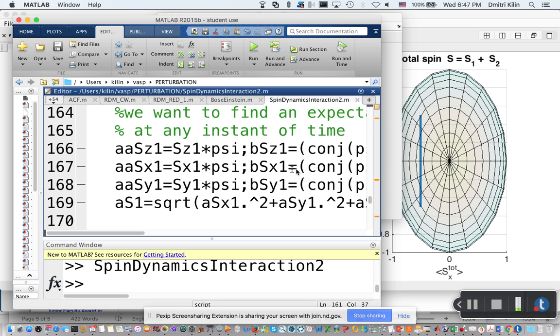But here, these expectation values give the state of spin 1 upon average over the state of spin 2. In some sense, this operation is very similar to what we will be doing in class tomorrow, performing an average over the heat bath. So making an average for the state of system 1 over the state of the rest of the world. But here the rest of the world is relatively poor. It's just another spin.